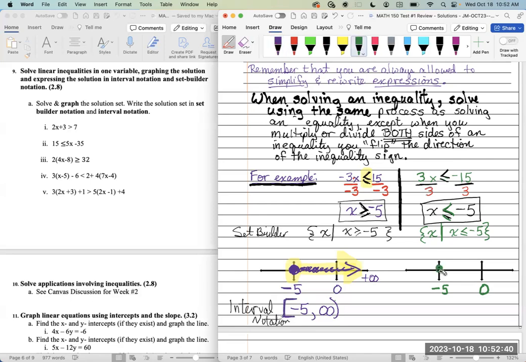X less than or equal to -5 means all of the values of -5 and everything smaller going toward -infinity. So in my interval notation, we always put the smaller number on the left, the larger number on the right. The bracket tells us the endpoint is included. The parenthesis says it is not.